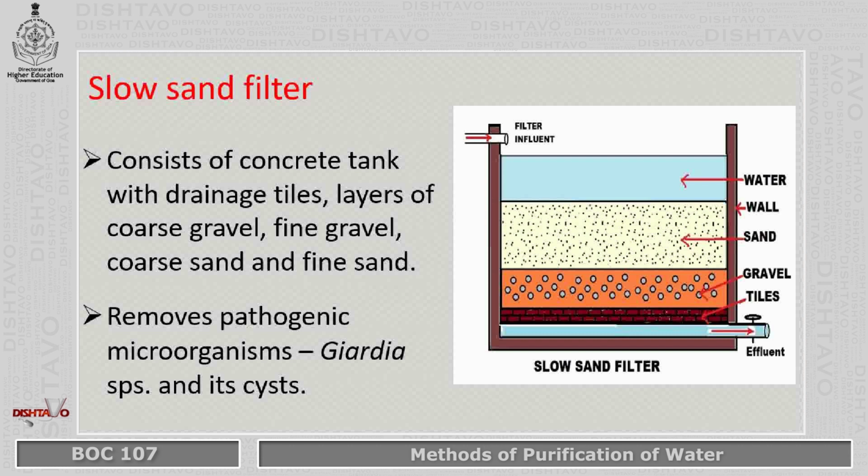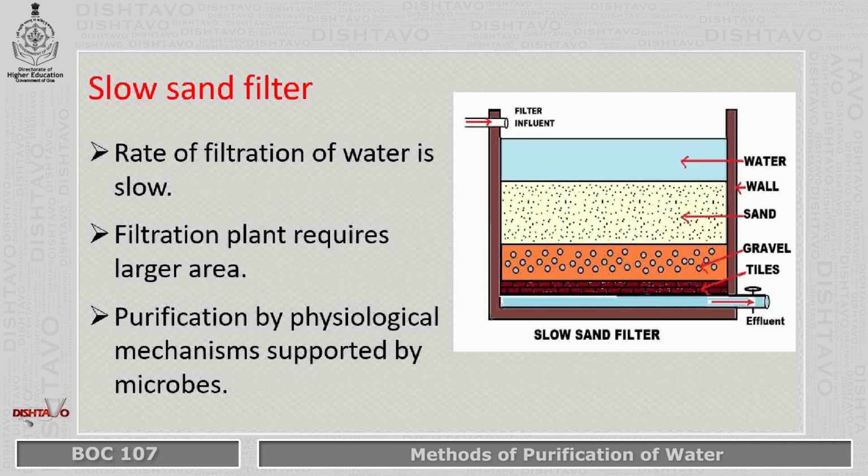A slow sand filter consists of a concrete tank with drainage tiles at the bottom, followed by coarse gravel, fine gravel, coarse sand, fine sand. The water seeps through the filter bed and is collected in a drainage pipe at the bottom.